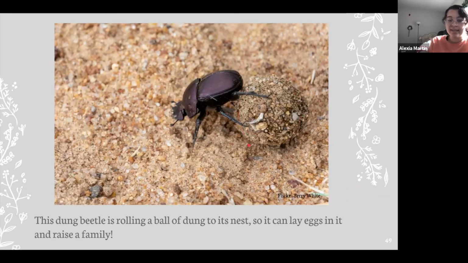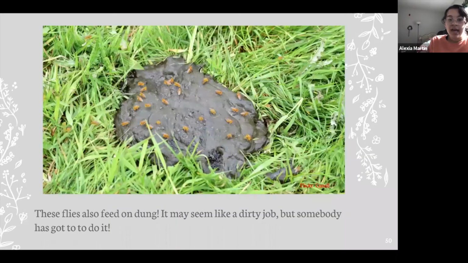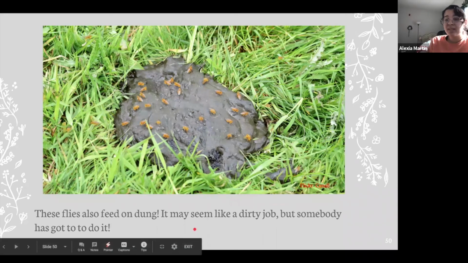Basically they will stand on their front legs and then push the dung ball with their back legs to their nest. And here is a picture of some yellow dung flies on a patch of dung. And like it says here, it may seem like a dirty job, but somebody has got to do it.